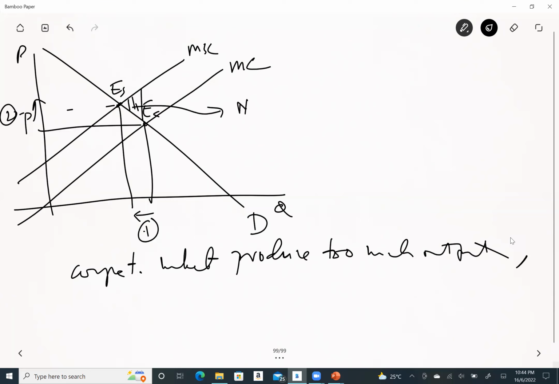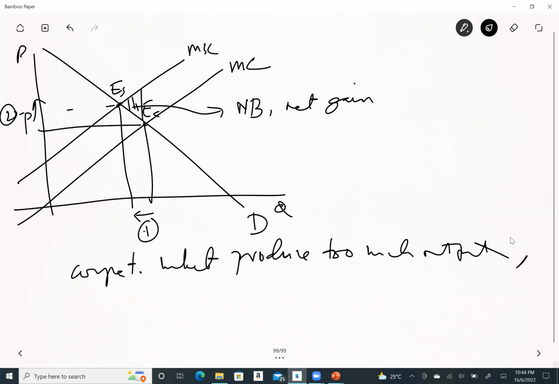That is the net gain. There is a net benefit, or net gain, whatever you want to call it. So there is a net gain due to the reduction of the externality.